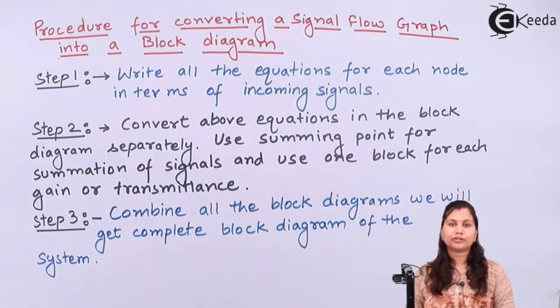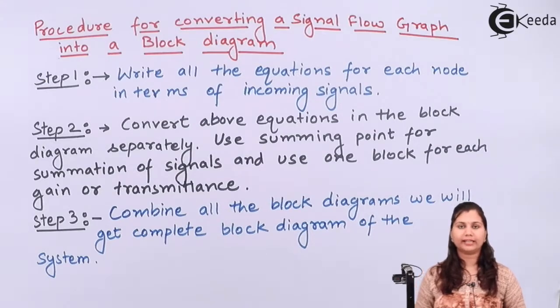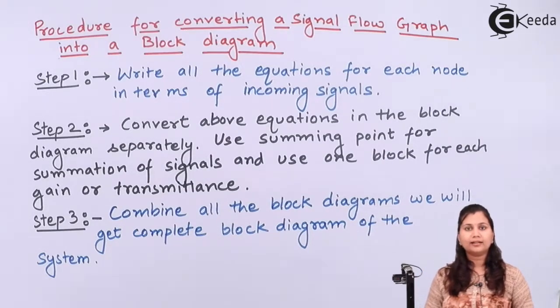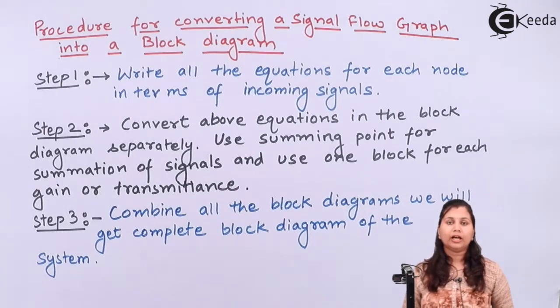While converting, use a summing point for the summation of the signals, and use one block for each gain and transmittance in the signal flow graph. Now in step number 3, combine all the block diagrams which you have obtained in step 2, and after combining you will get the complete block diagram for the system.